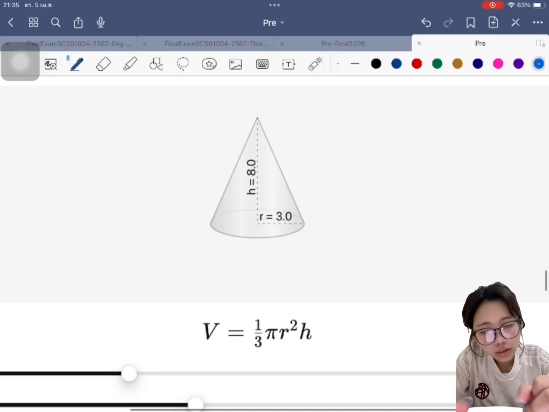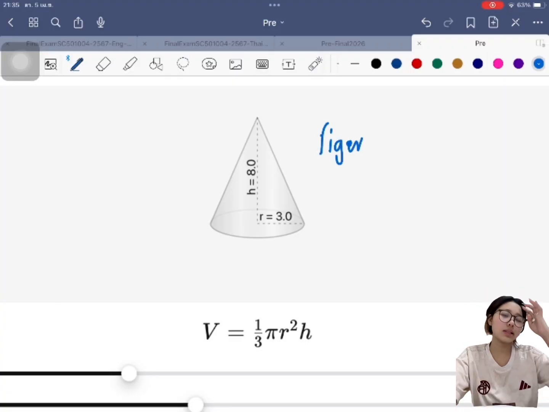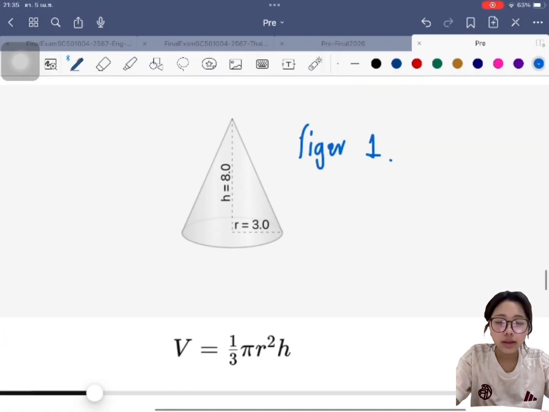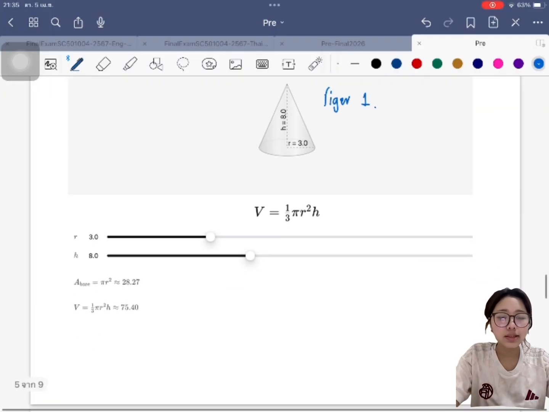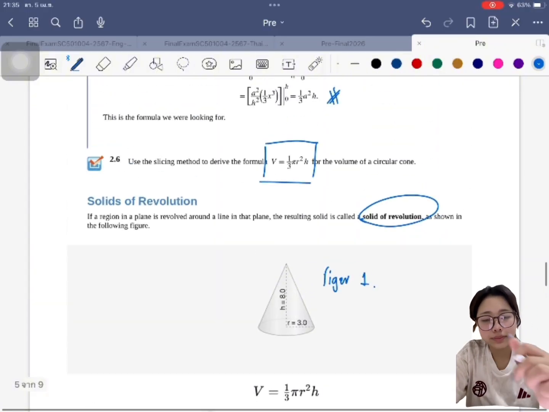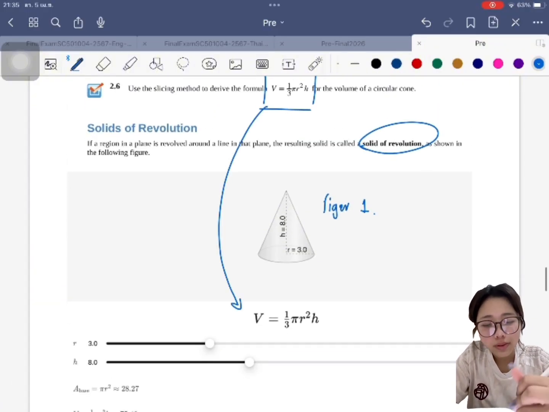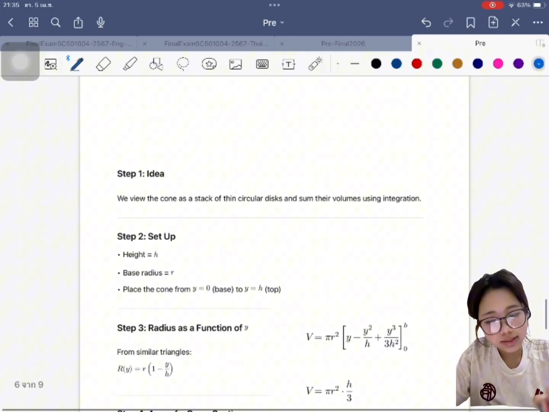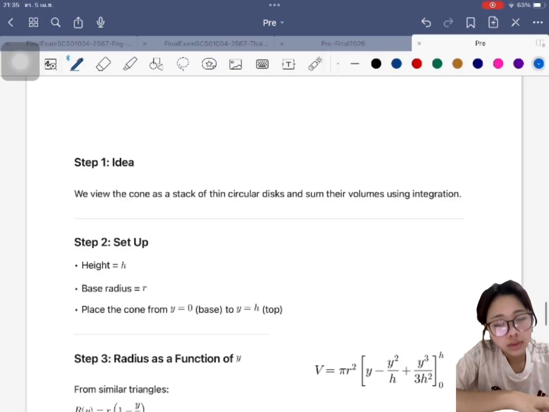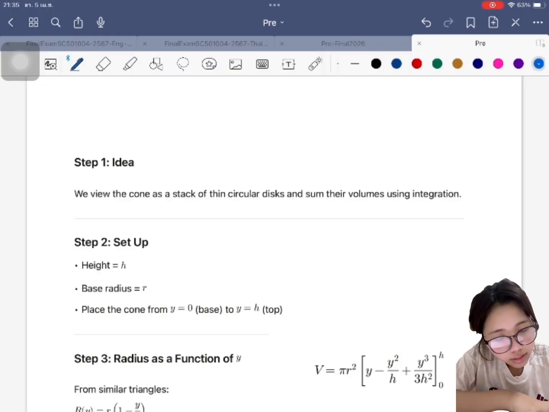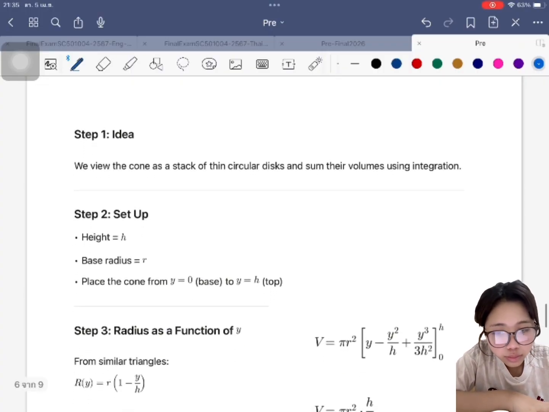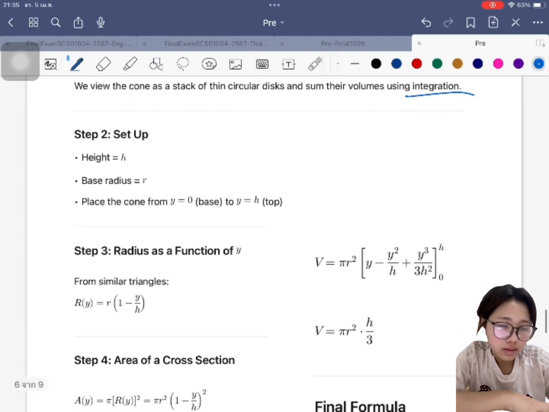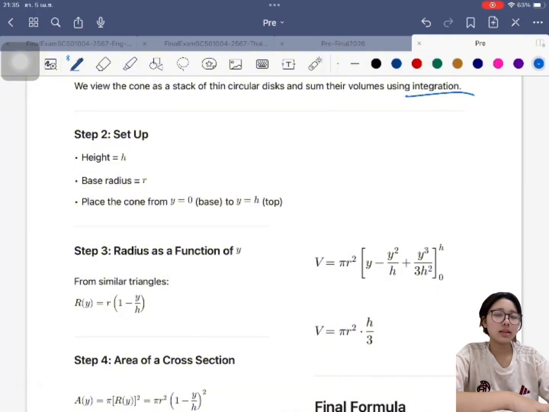It's 1 to 3 because the graph is 1 to 3. Then the volume of the solid is given by V equals the integral from a to b of 2 pi x f(x) dx. This is the first step.